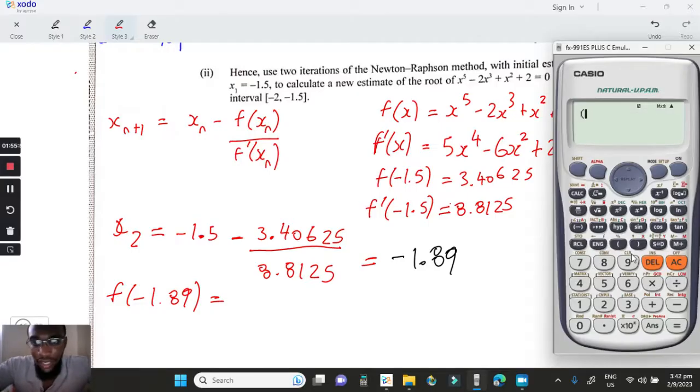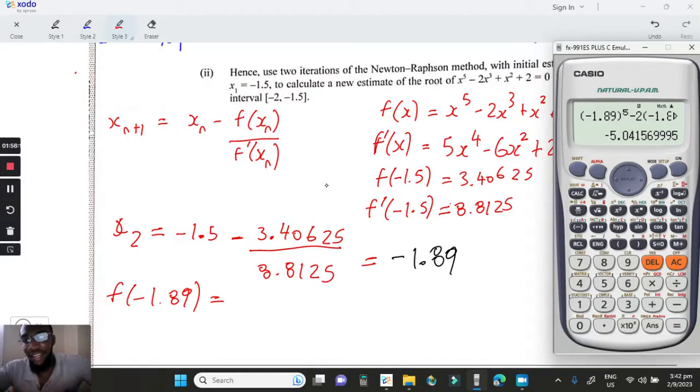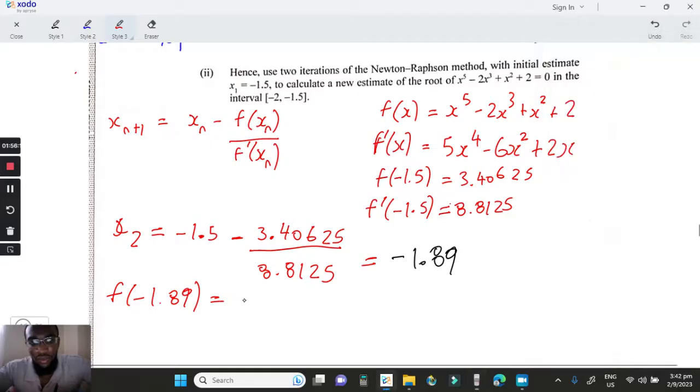Remember the original formula, x to the fifth, so negative 1.89 raised to the fifth power, then minus 2 times negative 1.89 raised to the third power, then plus negative 1.89 raised to the second power, then we add 2. This is negative 5.04, which is less than 0.